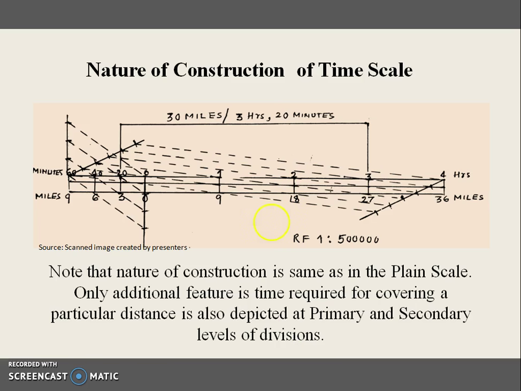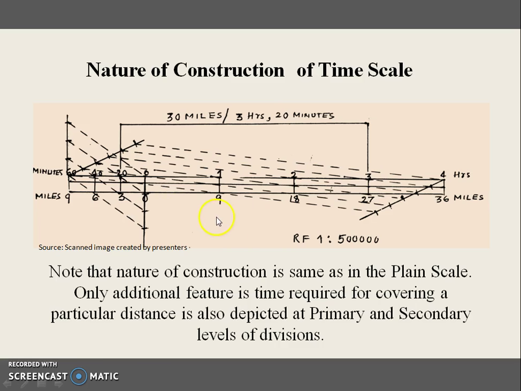Now we discuss nature of construction of time scale with the help of the given diagram. Looking at the diagram, you must have noticed that construction of this type of scale is similar to the plane scale.